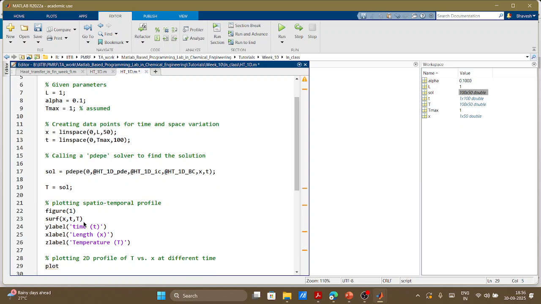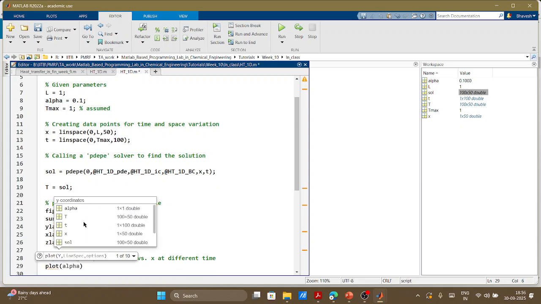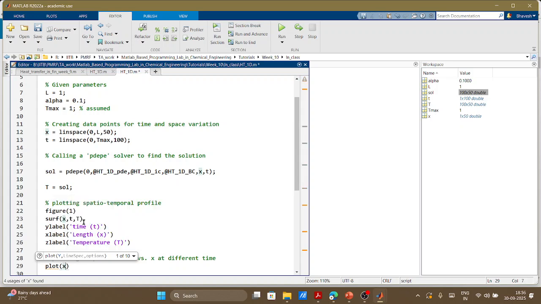So I can do plot. Now here in the temperature I know the various values, right? So you know what is the variation in x versus t. Let's say I start with t equal to 0.